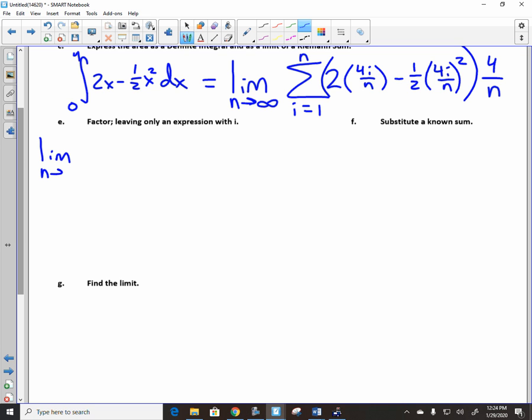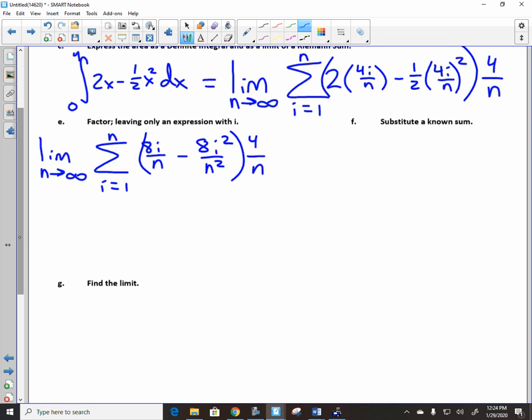Limit as n goes to infinity of, what do you want to do first to simplify this? So from i equals 1 to n of what? How do you want to write this? Okay, Bailey's taking the lead. We got 8i over n minus 8i squared over n squared times 4 over n.